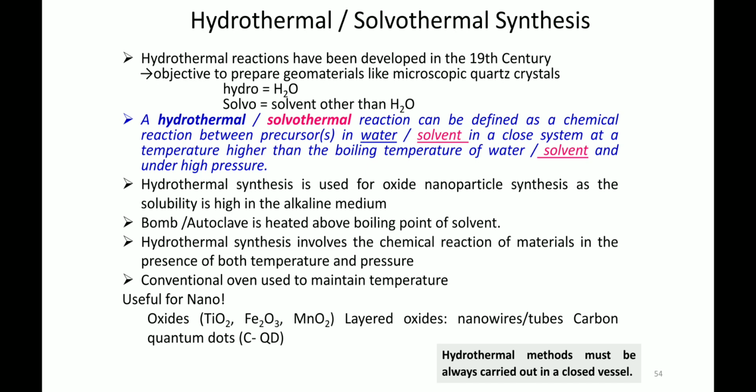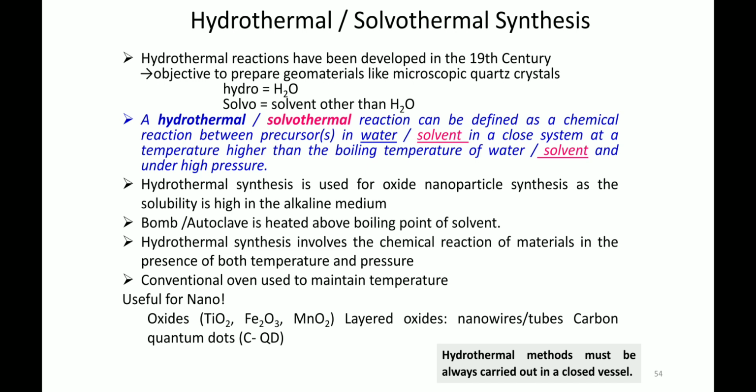This is basic thermodynamics taking place in this type of reaction. Thermal represents temperature, and if you increase the temperature, the pressure inside the closed vessel changes. In that condition a chemical reaction takes place, and that chemical reaction initiates the nucleation and growth process of the materials.